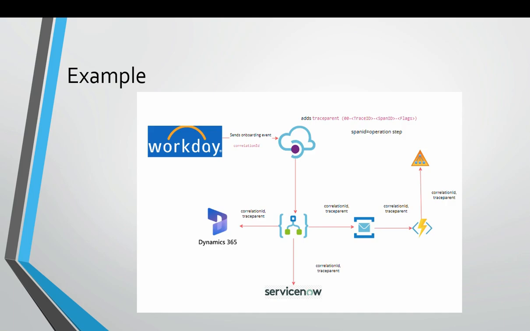And when the Azure function picks it up to create the employee's Active Directory account, its logs are automatically linked to the same transaction. I mean, we have the same ID flowing through. If something fails, say the ServiceNow API is down, that error is logged with the same correlation ID. And when you open Application Insights, just search for that ID, and you have the entire story. It tells you what happened.